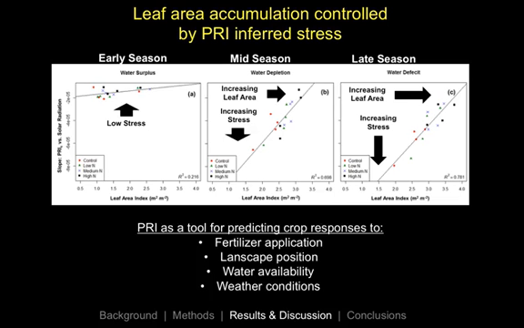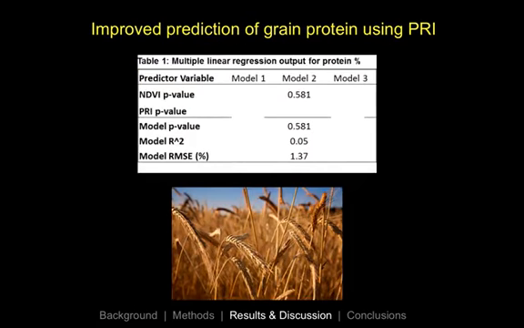So through all this, we can begin to think about PRI as a tool for predicting crop responses to fertilizer application, landscape position, which of course is going to control water availability and soil conditions, but then also to weather conditions. So another thing we did is we looked at the ability of PRI to predict grain protein concentration.